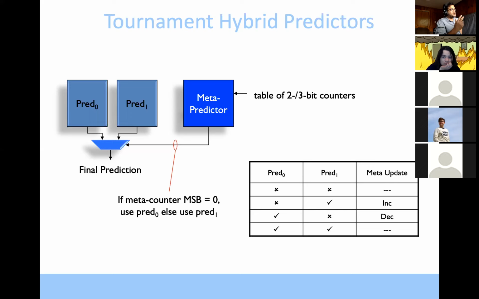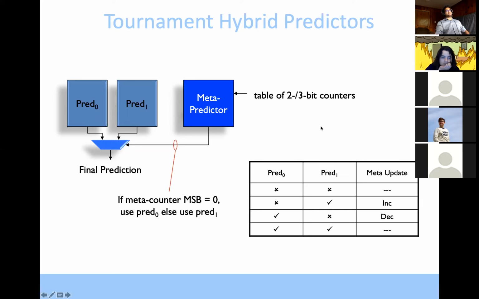And then you have a meta predictor, right? It could be something that's indexed with the PC for that particular address, and then you pass the PCs to all of them. And then you get two predictions, and you get a meta prediction, which is which of these predictors do I go with.